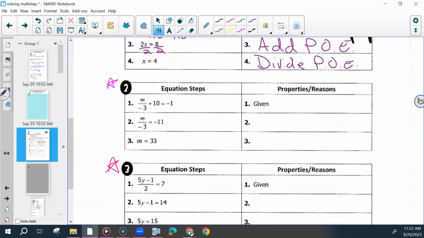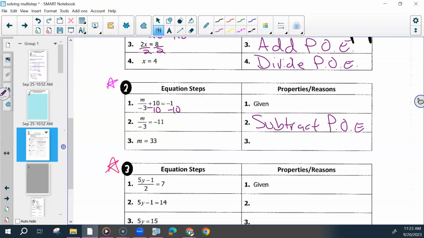First one is given. What did they do from step 1 to step 2? Added 10 to both sides or subtracted? So your subtraction property of equality. And then from step 2 to step 3, they multiply.